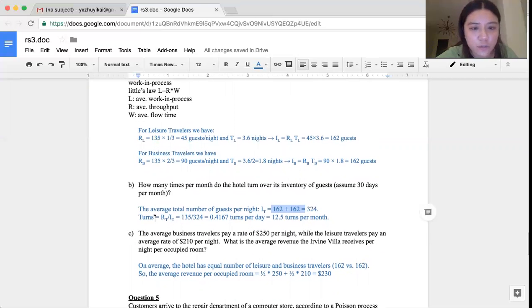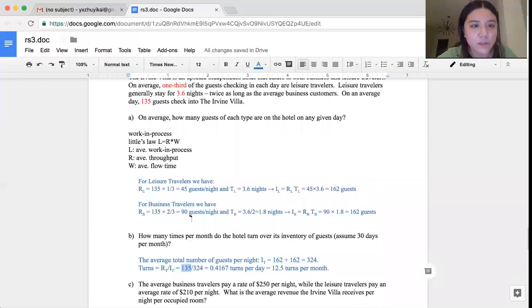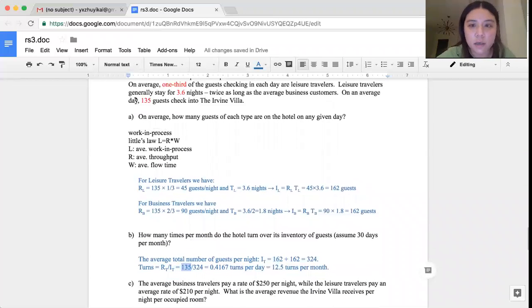And the turnover, how do we calculate the turnover? Turnover equals R, which is the throughput, divided by I, which is the work in process. So we can use 135, which is the average number of check-ins per day, divided by the total number of guests staying on any given day.